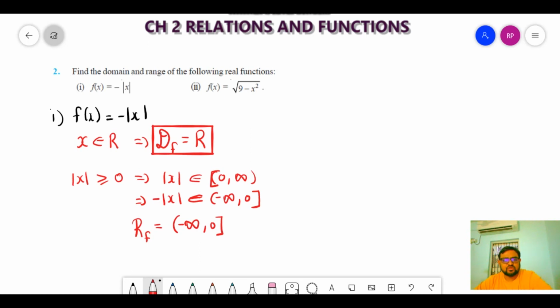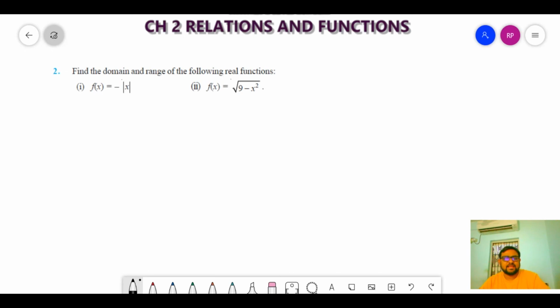Now let's move to the second part of question number 2, the second sub-question of question number 2. Second is f(x) equal to square root of 9 minus x squared, right? So now see, here I have to take such values of x so that square root of 9 minus x squared is possible.